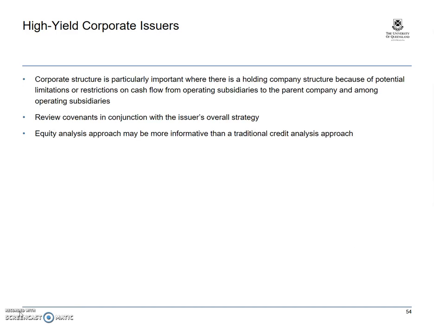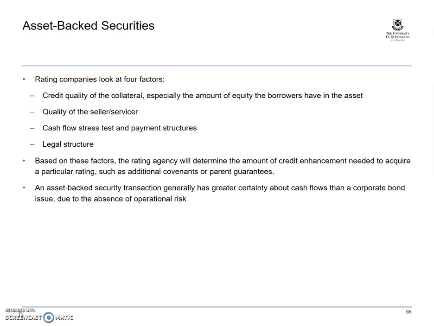And if it's a very high risk company, you'd potentially want to undertake not only the traditional credit analysis, but also some of the analysis you do as an equity analyst, to ensure you've got a good understanding of how this company might be operating in the marketplace and all of the risks associated with this firm. Obviously the higher the risk, the greater the analysis you would probably want to undertake.